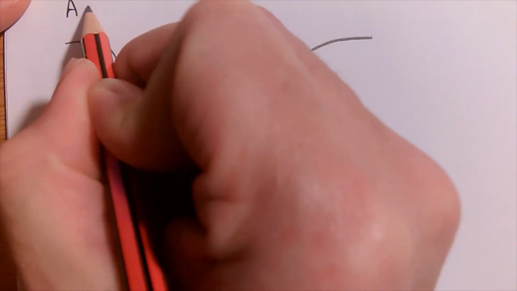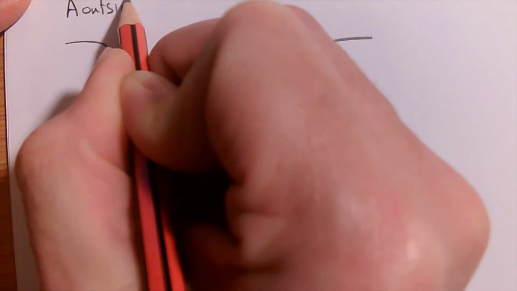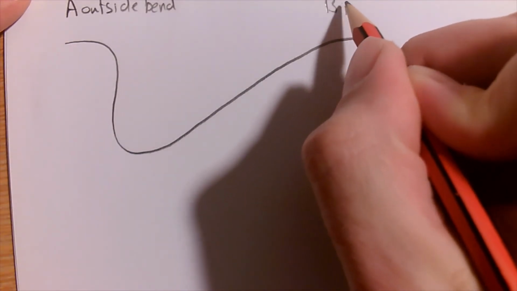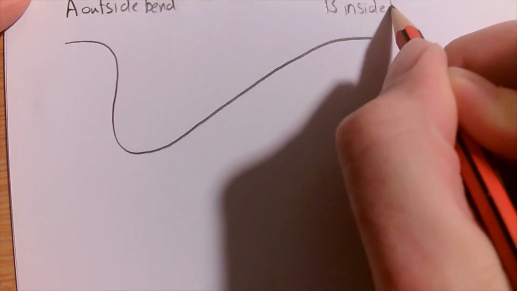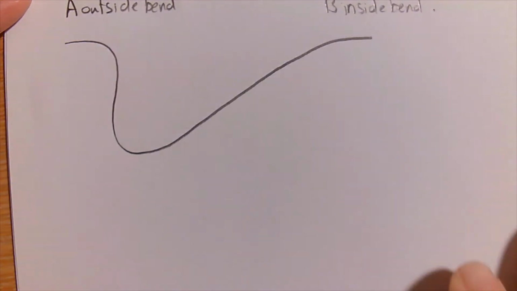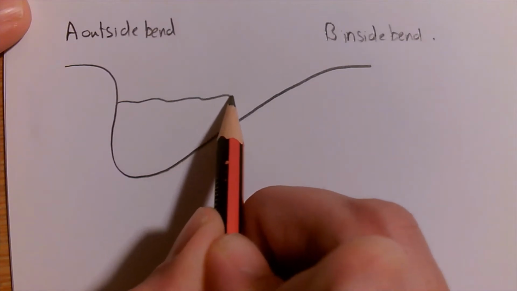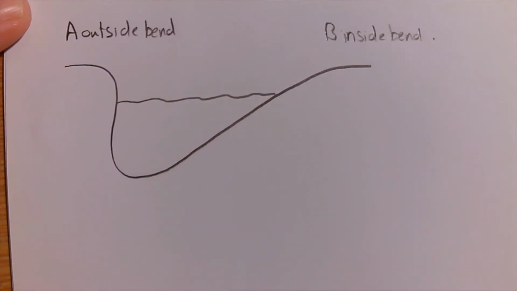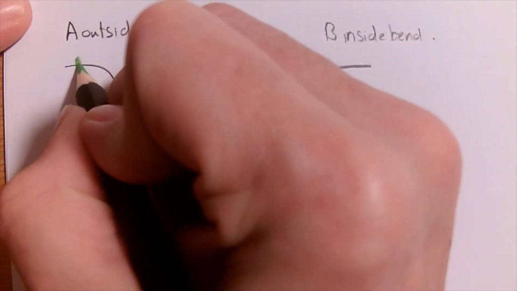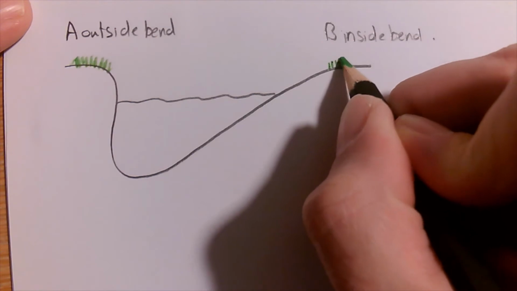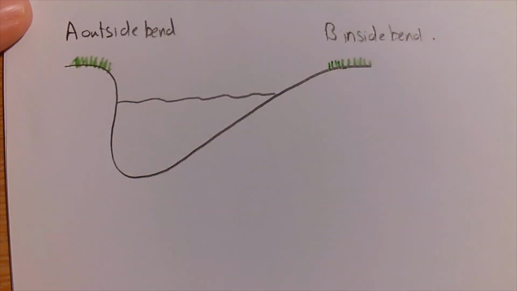This is A, the outside bend, and this is B, the inside bend. Let's draw the water in, just to help you visualize what's going on.